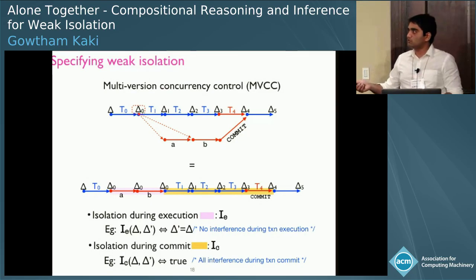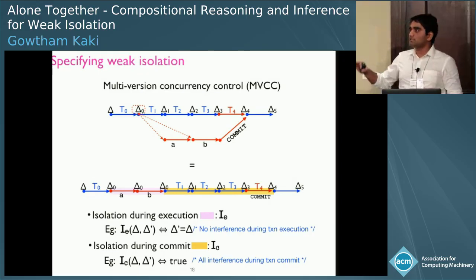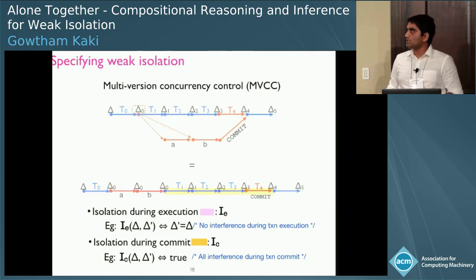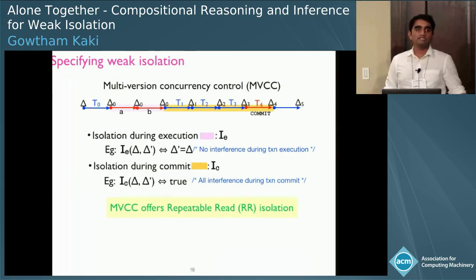So isolation during the execution is delta prime equal to delta, which does not admit any interference. But isolation during the commit time is true, which admits all the interference during the commit phase. This lets us model what multi-version concurrency control does without actually referring to how it is implemented on Postgres or MySQL or such databases.